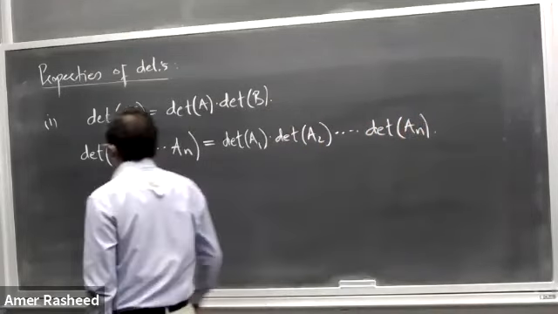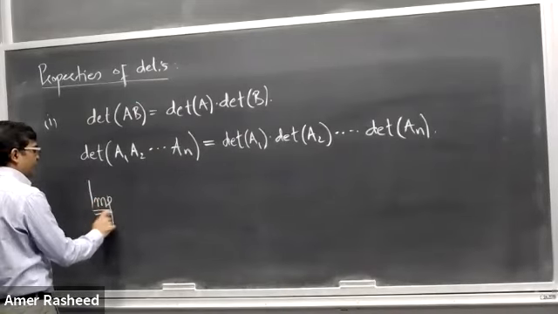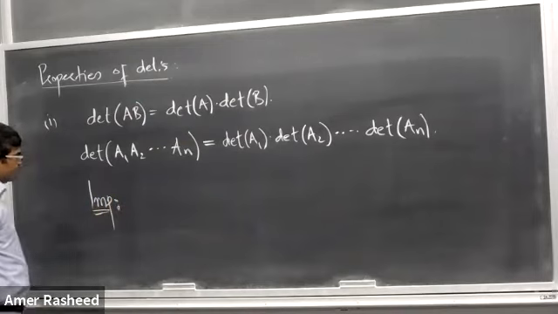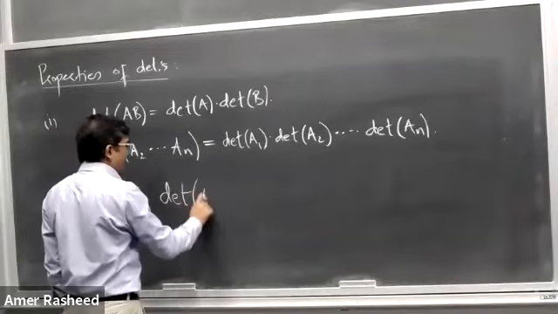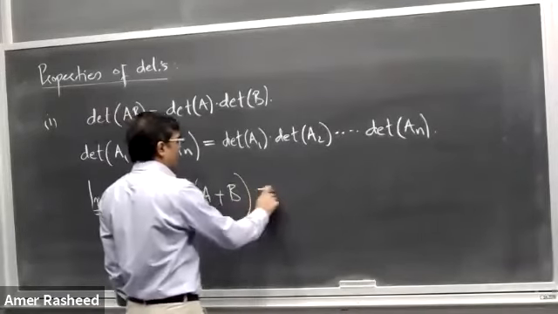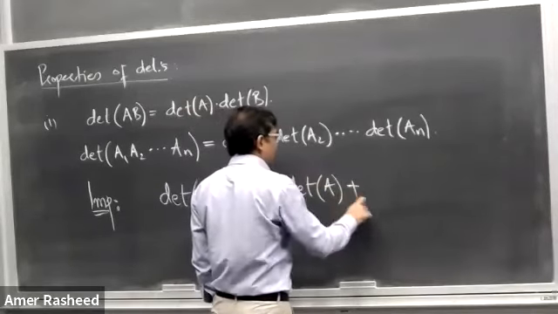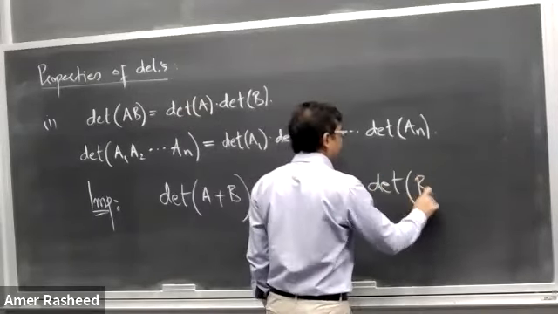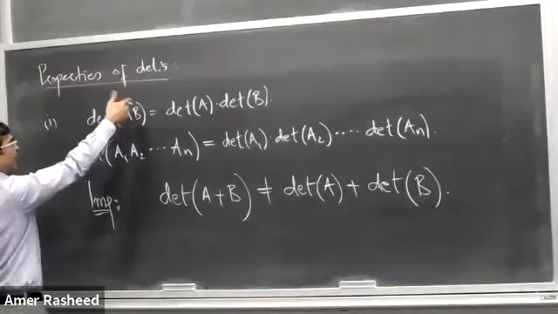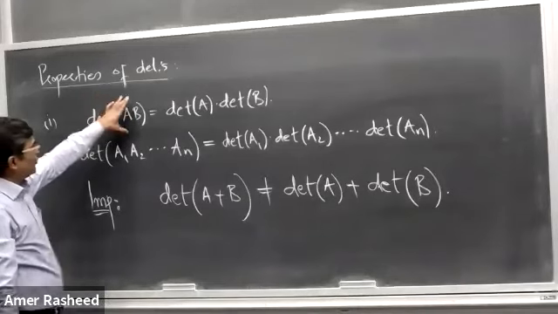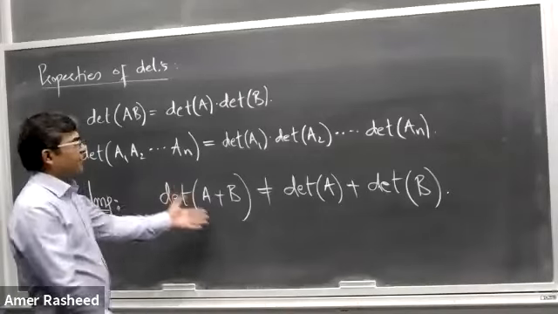Okay, but remember a very important note, a mistake which students often make: determinant of A plus B is not equal to determinant of A plus determinant of B. This is not true, because students imply from this property that if it is true for the product of two matrices, then it would be true for the sum of two matrices.